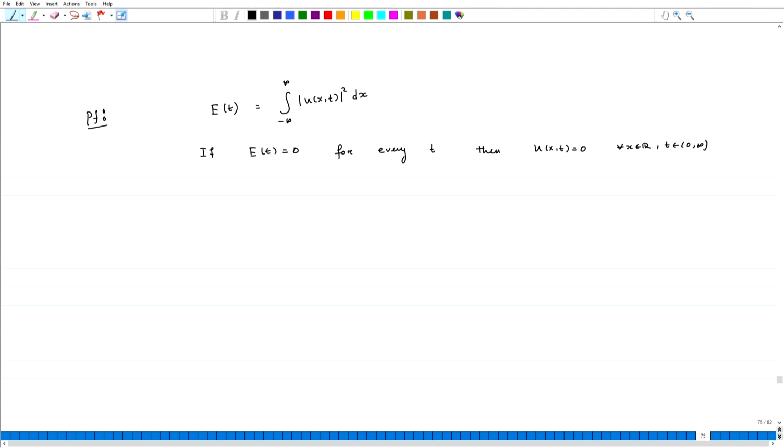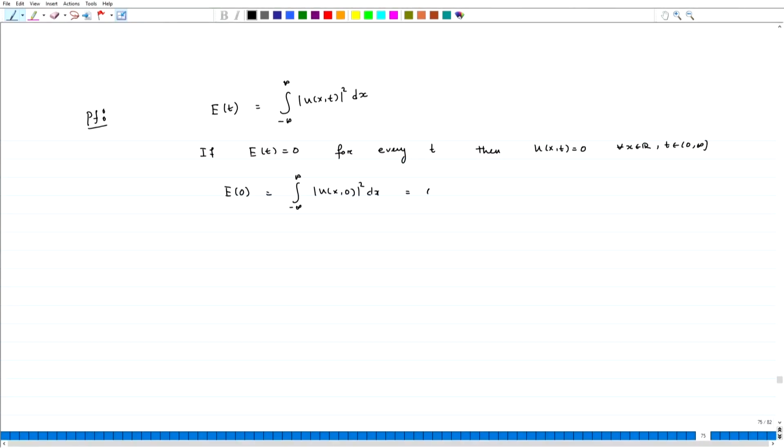Okay. So, what we first observe is that E(0) is nothing but the integral from minus infinity to infinity of mod u(x,0) squared dx. This u(x,0) is equal to 0 is given to us. Therefore, this is equal to 0. Now, of course, E is a map from (0, infinity) to R positive.